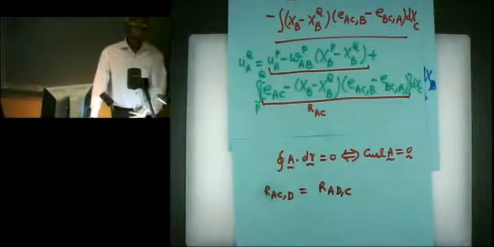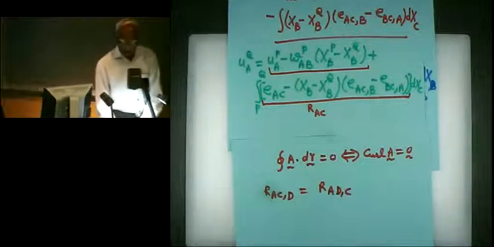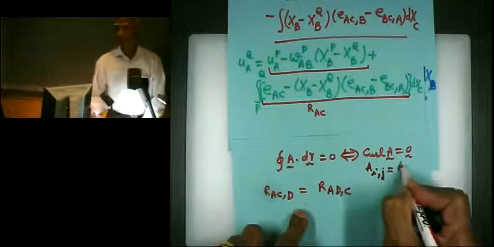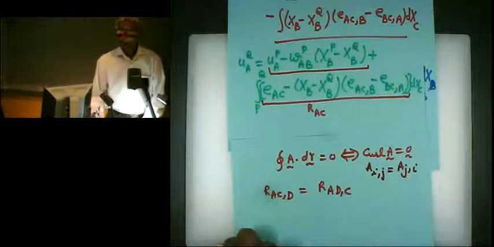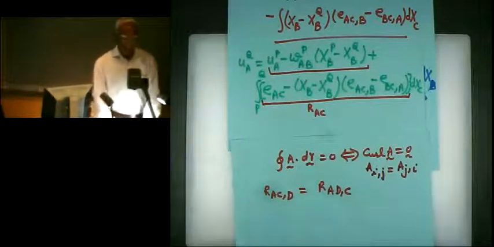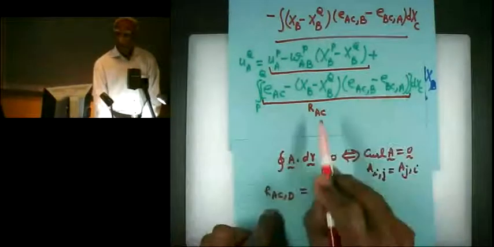So this integral will be path independent if A_C,D equals A_D,C. The curl condition will mean A_I,J equals A_J,I. So all we are doing is replacing; A is fixed, A is not doing anything. So it's really C,D equals D,C.